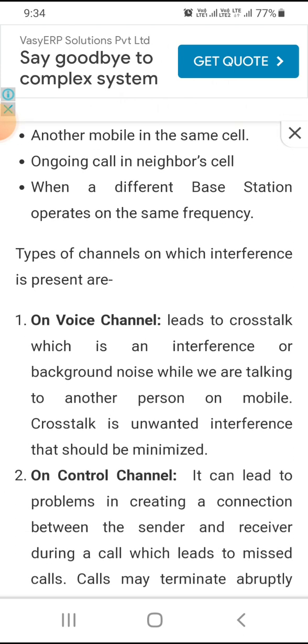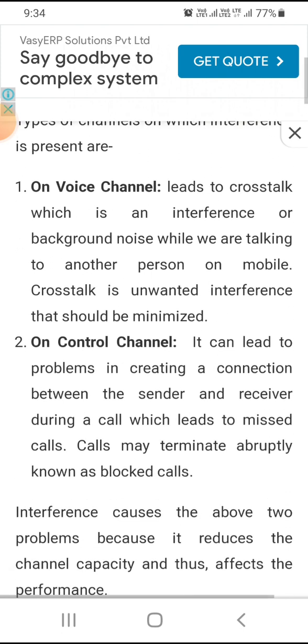The types of channel on which interference is present: first, the voice channel. This leads to crosstalk, which is interference or background noise while we are talking to another person or mobile. Crosstalk is unwanted interference that should be minimized. Second is the control channel.